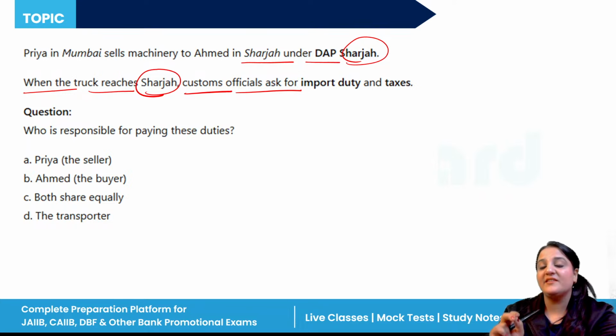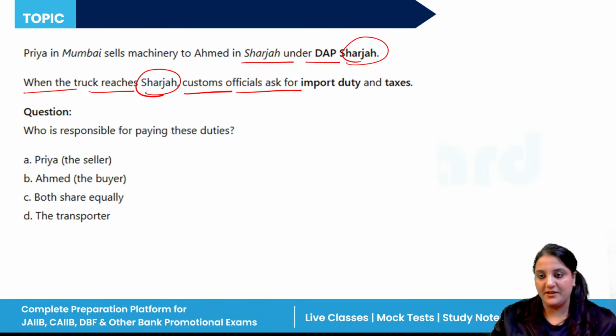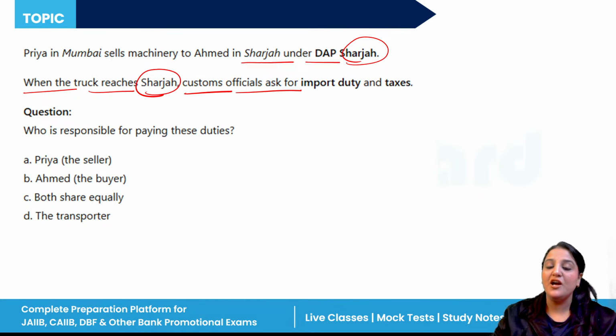These all are Ahmed's responsibility. So if Priya chose DDP, which is delivery duty paid, they have to handle everything, even the customs duties. So DAP is delivered at place, where the buyer pays the duty, and DDP is where the seller pays the duty. So option B is correct. Who is Ahmed?